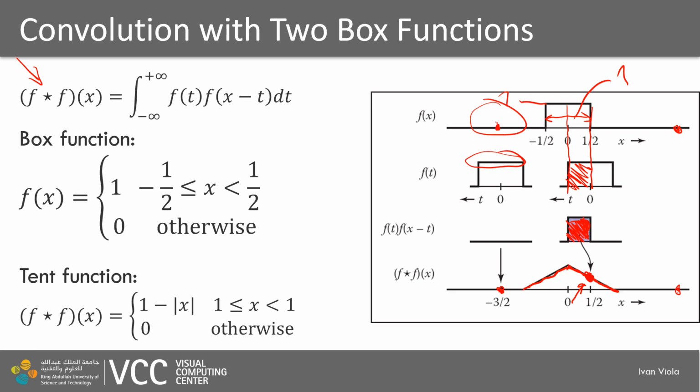So these values are now forming a certain area. The more these two boxes overlap, the higher the value will be. So at the value 0, the overlap is the highest, and here the value will be 1. Everywhere else, the value will be something less than 1, because the integral of the entire box is 1, but the integral of a smaller part of that box will be something between 0 and 1.